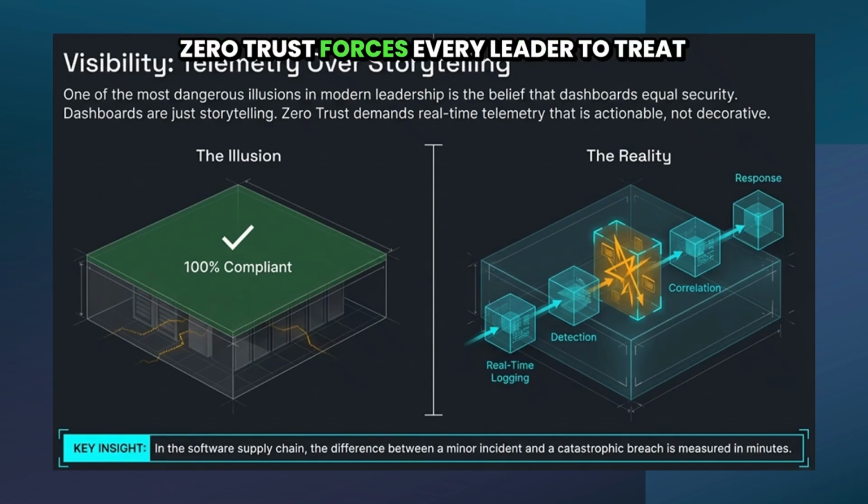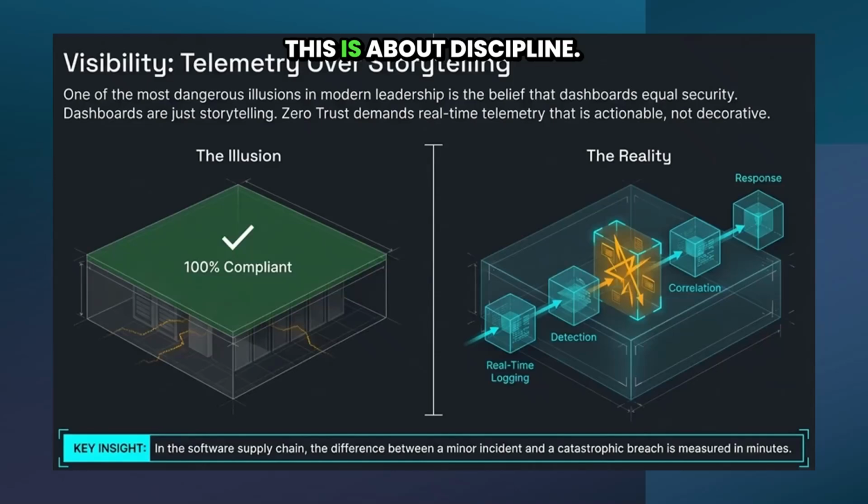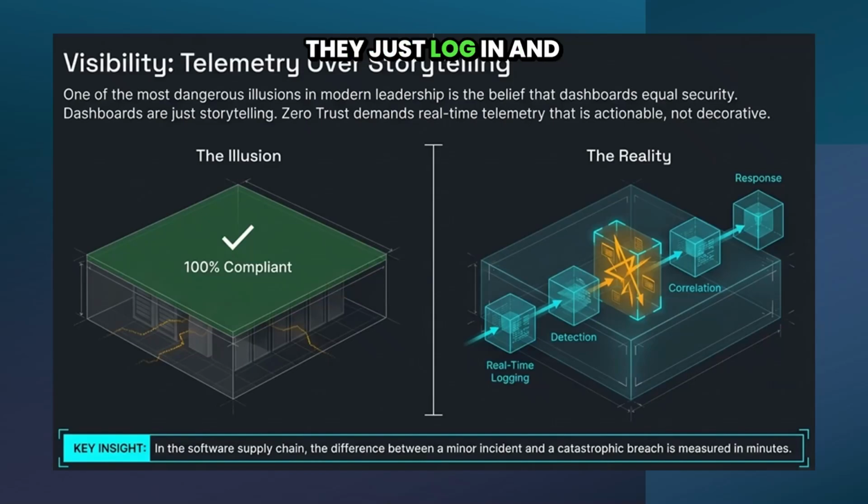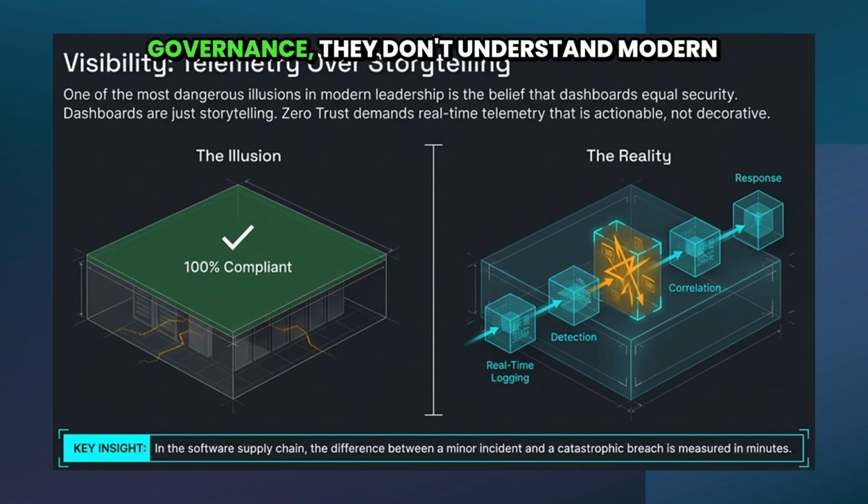Zero trust forces every leader to treat every identity, human or machine, as a potential point of compromise. This is not about distrust. This is about discipline, because attackers don't break in anymore. They just log in. And if leaders don't understand identity governance, they don't understand modern security.